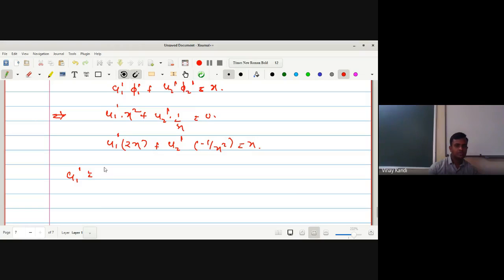u1 dash is equal to what will come here? 0 x 1 upon x, minus 1 upon x square, and below, what will come? x square, 1 upon x, 2x, minus 1 upon x square. Now tell me the u1 dash.